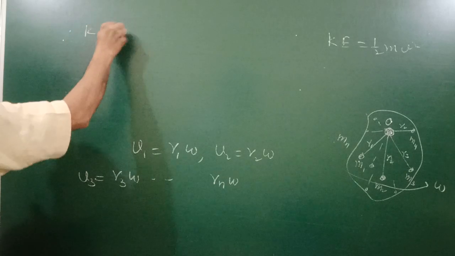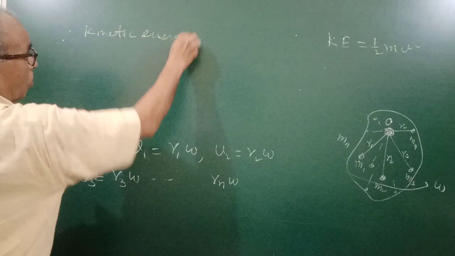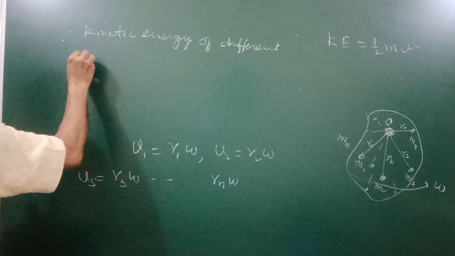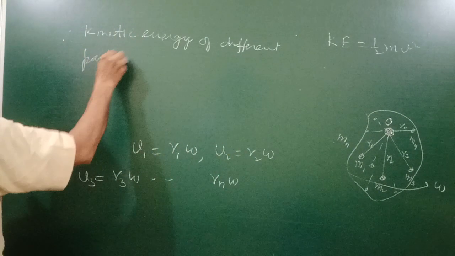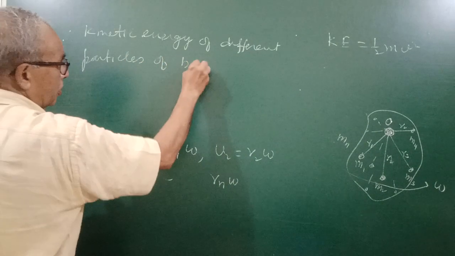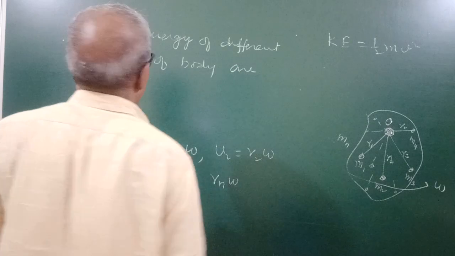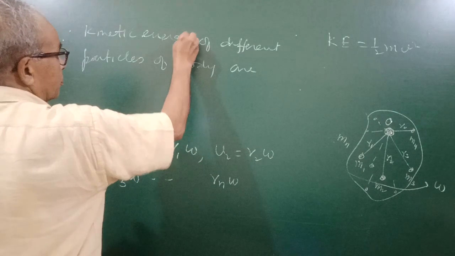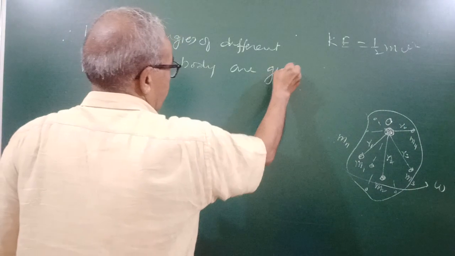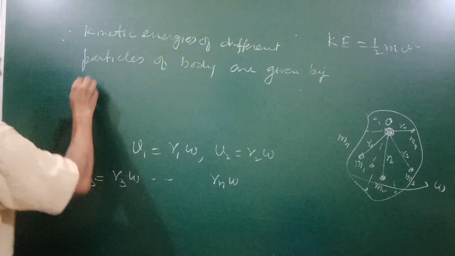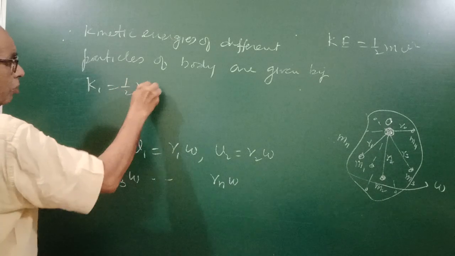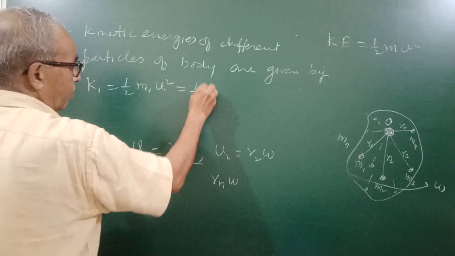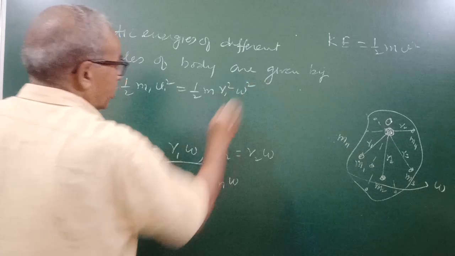These are linear velocities, so the kinetic energies of different particles of the body are given by K1 equal to half m1 v1 square, but v1 equal to r1 omega, so equal to half m1 r1 square omega square.